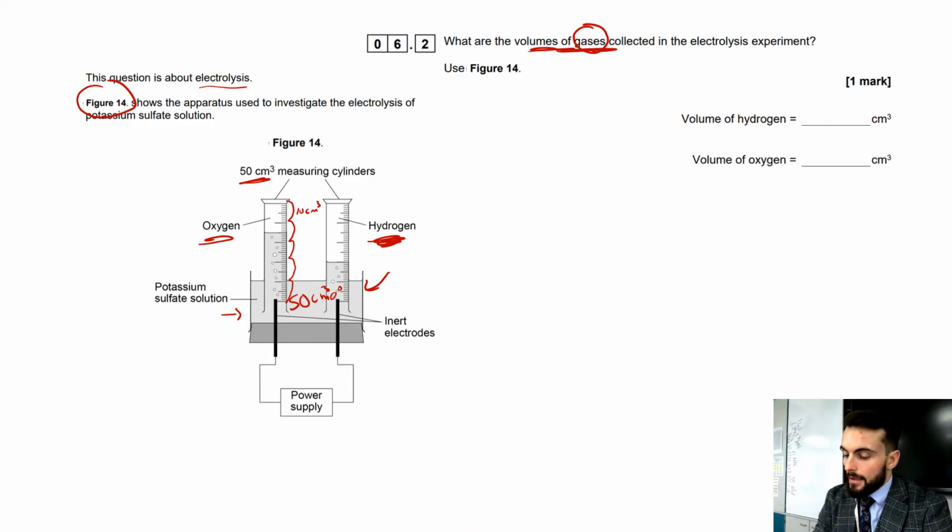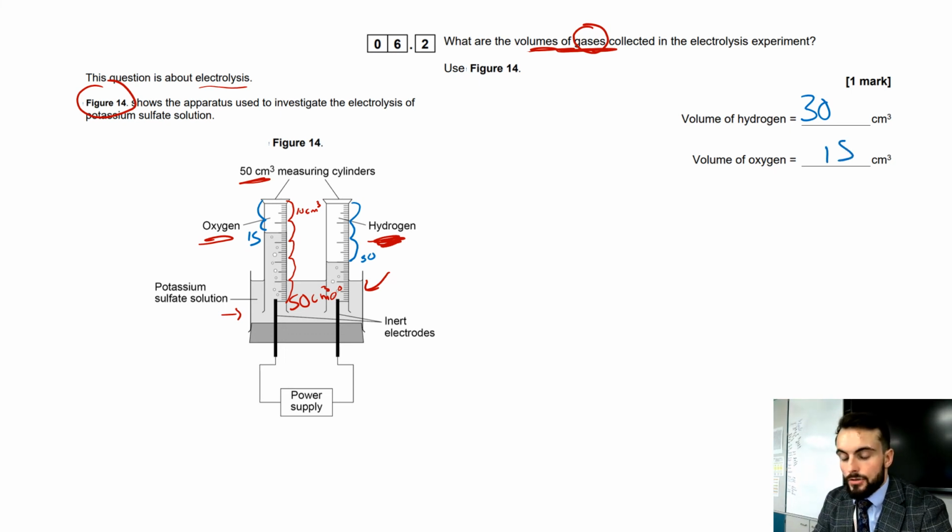So let's look at the hydrogen one. I'll change the color for this one so you can see what I'm doing. For hydrogen, we're reading it from the top down. So we've got 10, 20, 30. So 30 centimeters cubed for hydrogen, and then for oxygen we've got 10, and then halfway to the next, so 15 centimeters cubed.